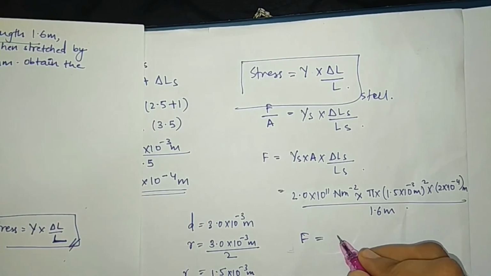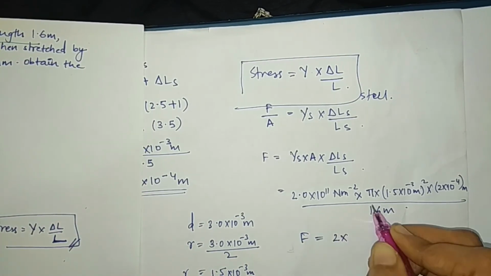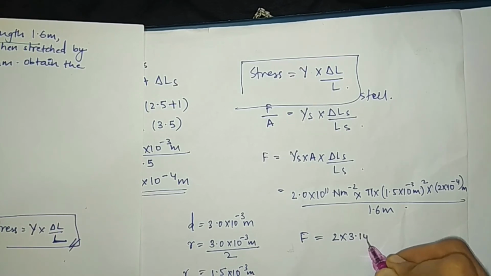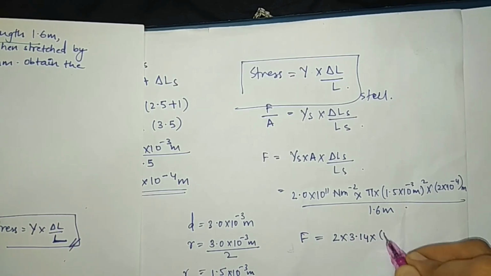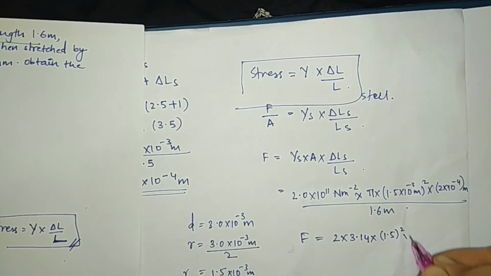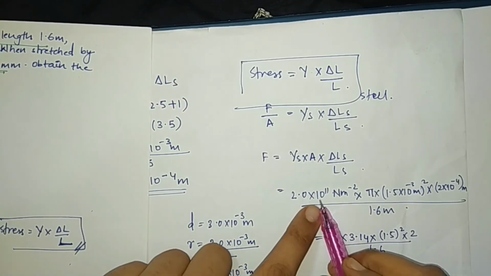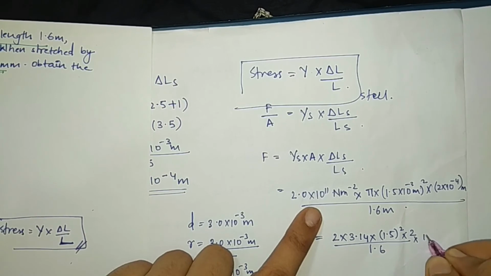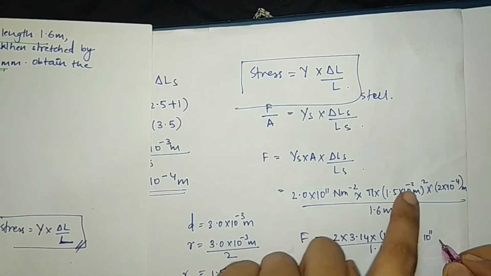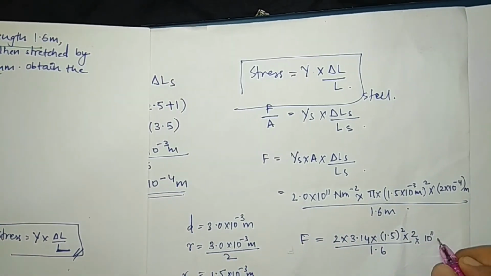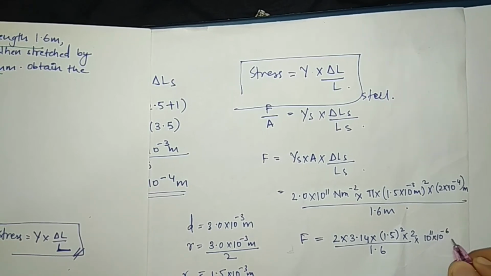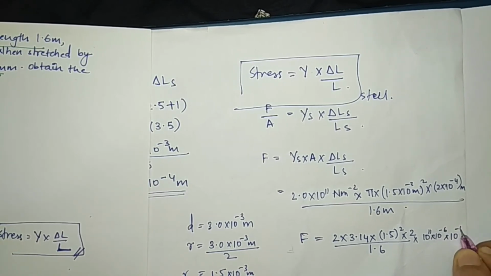I'll help you out. It will be 2 into 3.14 into 1.5 square multiplied by 2 divided by 1.6. Now the powers of 10: 10 to the power 11 times 10 to the power minus 3 squared, that is 10 to the power minus 6, times 10 to the power minus 4.